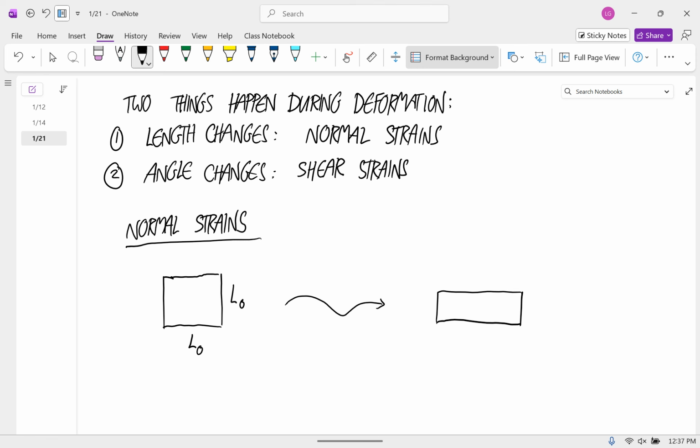But you end up with a new length along the x-axis, Lx, and a new length along the y-axis, Ly. Yes? Can one of the lengths remain the same? Yeah, they can stay the same. Like Lx is different from the original horizontal length, but the vertical length stays the same. Yep, they can totally do that. It doesn't have to be the same total length.